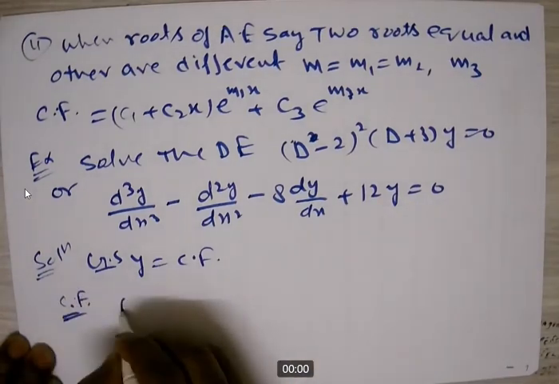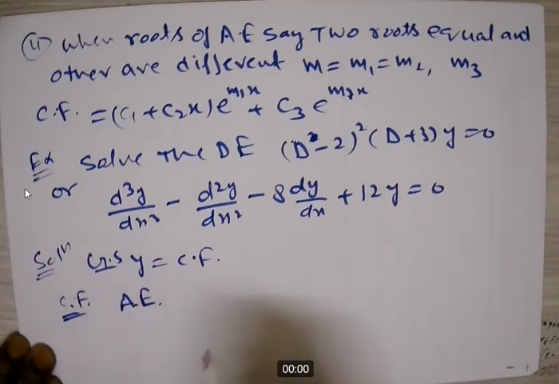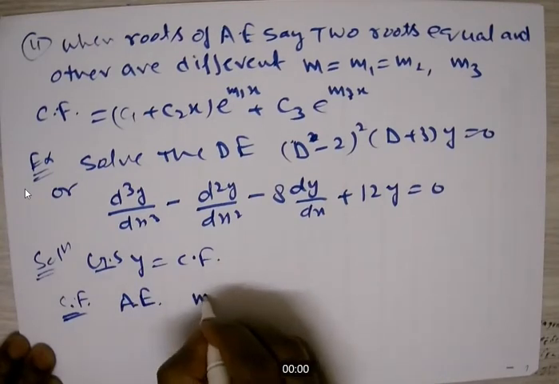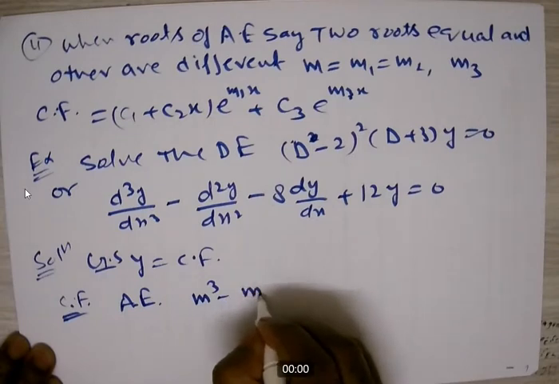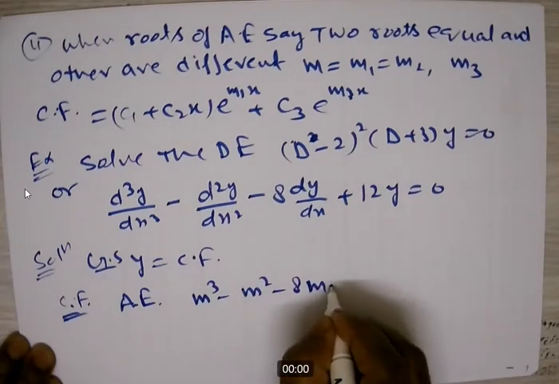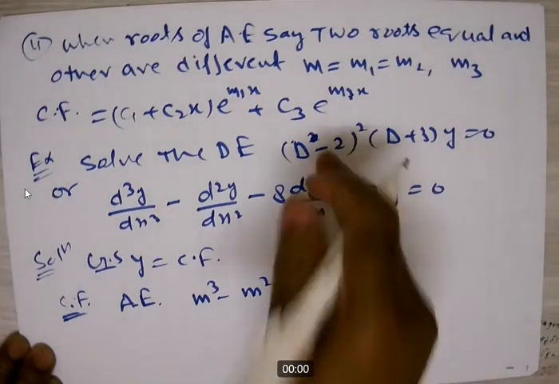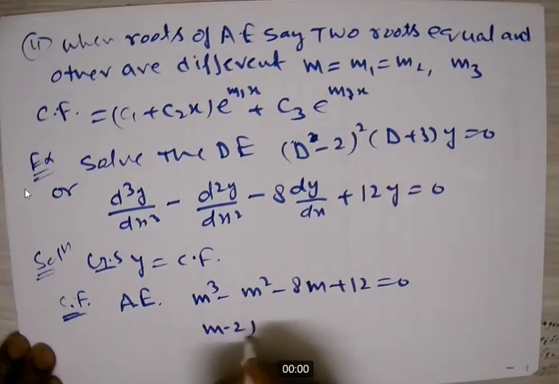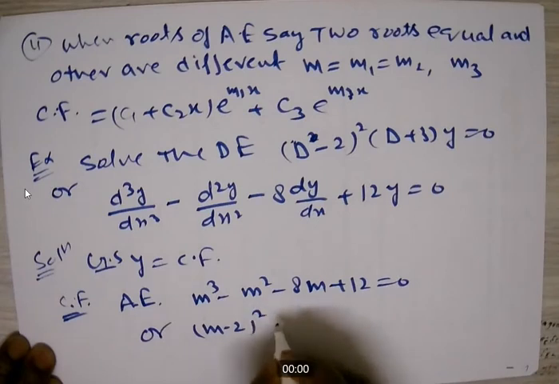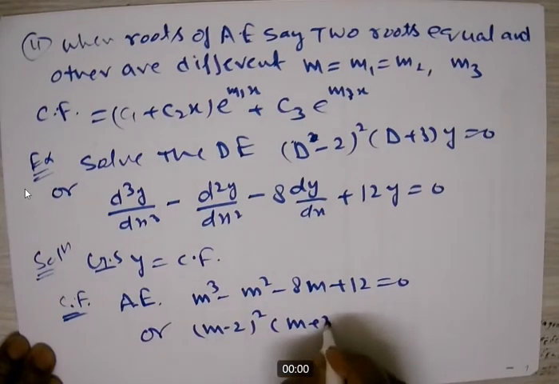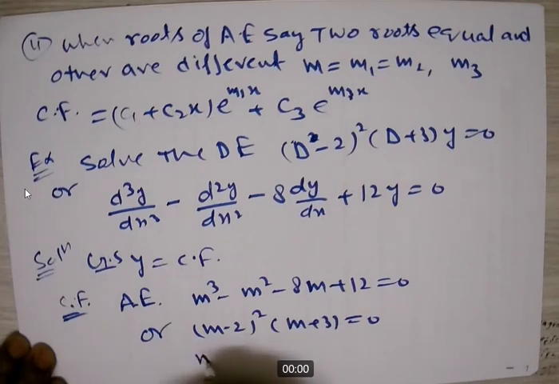For the complementary function, solve the auxiliary equation. The auxiliary equation means m power 3 minus m square minus 8m plus 12 equal to 0, or you can write it as (m minus 2) whole square into (m plus 3) equal to 0. When you solve, you will get m equal to 2, 2 and minus 3.